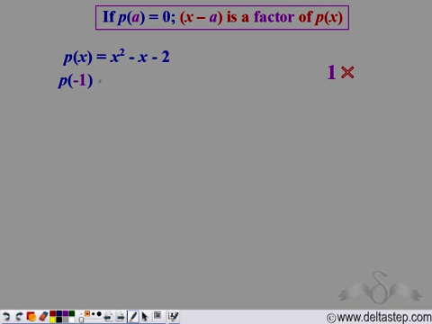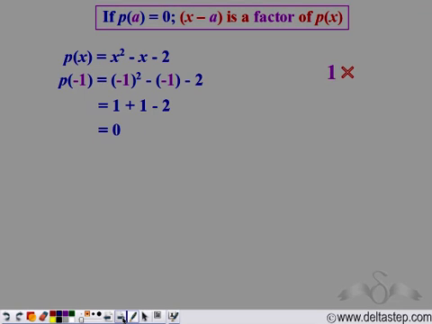So let us check P(-1). We need to substitute -1 in place of x. We get (-1) square minus (-1) minus 2. (-1) square is 1. Minus (-1) gives plus 1. Minus 2. So we get 0.